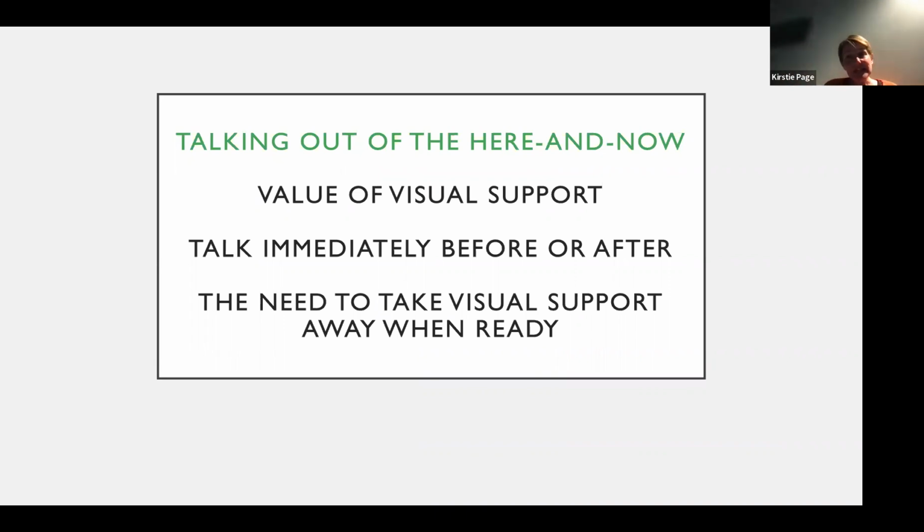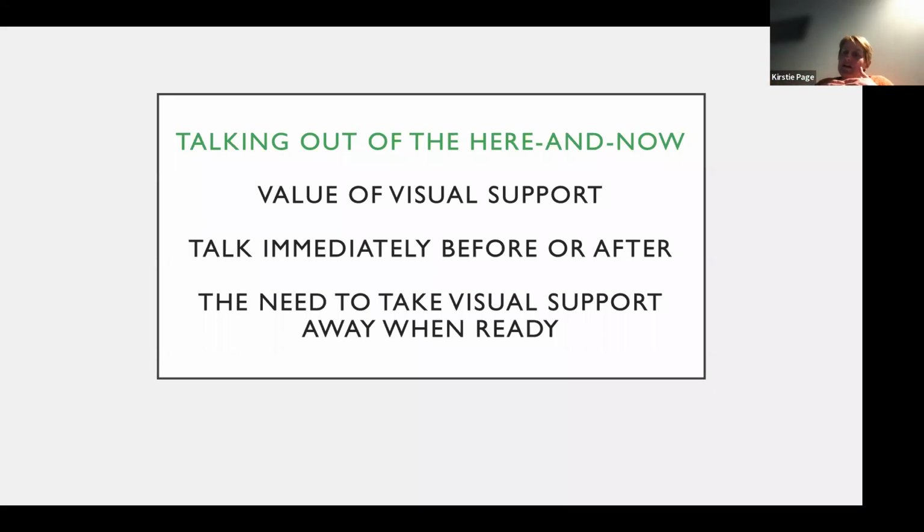And when a child is potentially ready to move on to that next level of talking out of the here and now without visual support, it can be useful to provide opportunities where we talk about what we did immediately after what we did, or we talk about what we're going to do immediately before what we're going to do. Does that make sense?